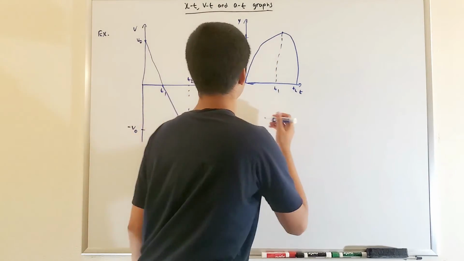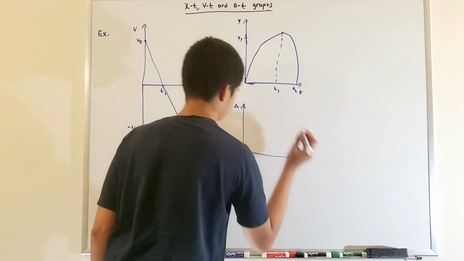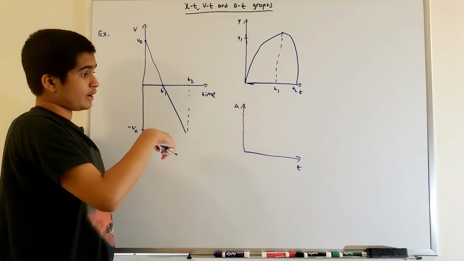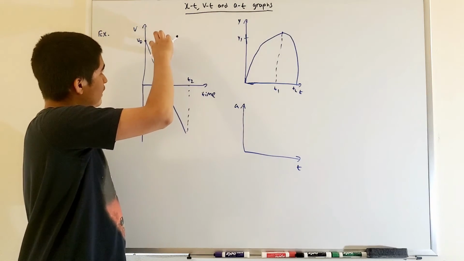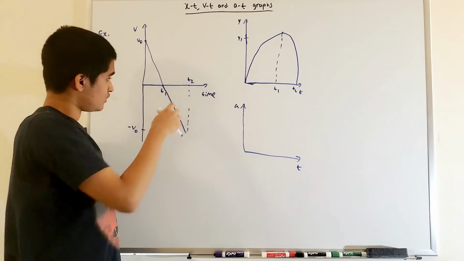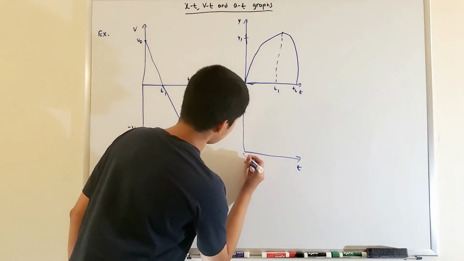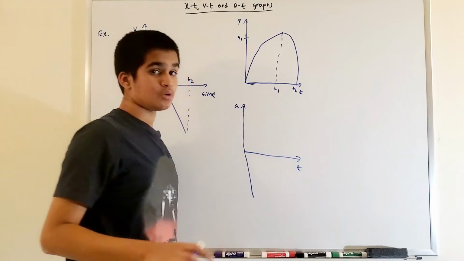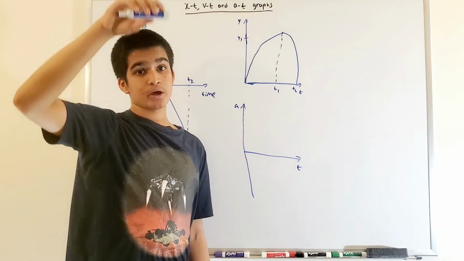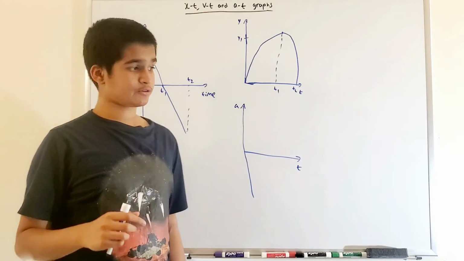And finally, we can draw our acceleration time graph. Through the velocity time graph, we can see that our acceleration is always going to be a constant, and that will always be a negative amount, as when you throw it up, the object is decelerating, and when it is falling back down, it is accelerating, but it is going in the negative direction.